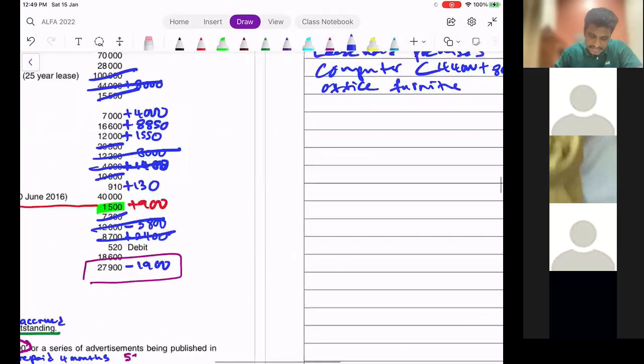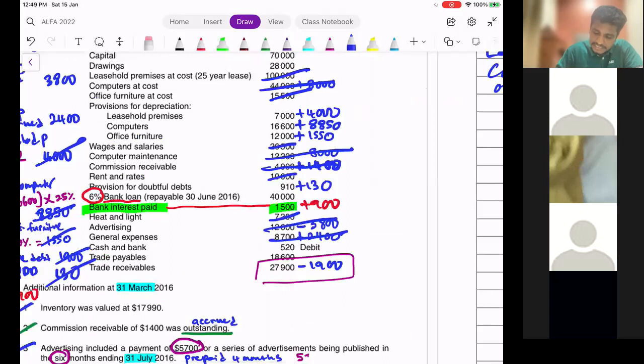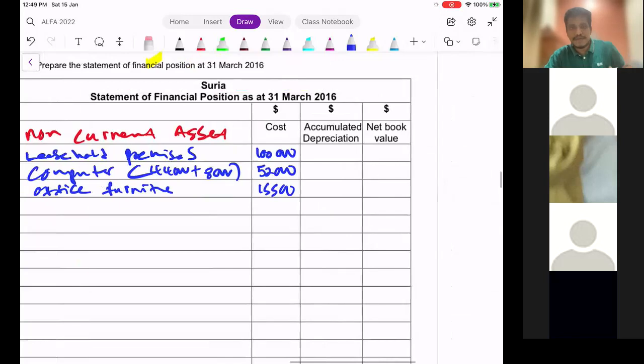Okay, after that, the accumulated depreciation. We just need to add these two, these two, and these two. Actually, I already added; I just go straight to the right answer. The accumulated depreciation for leasehold is 11,000. Computer is 25,450.